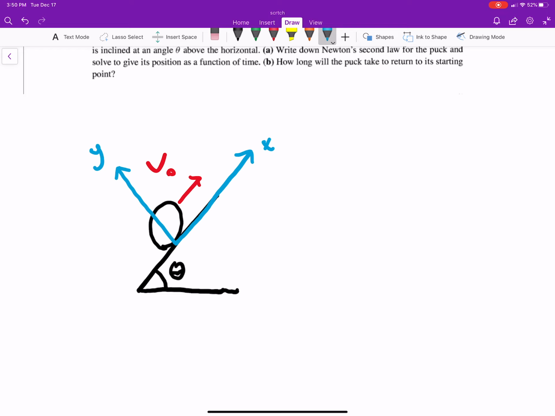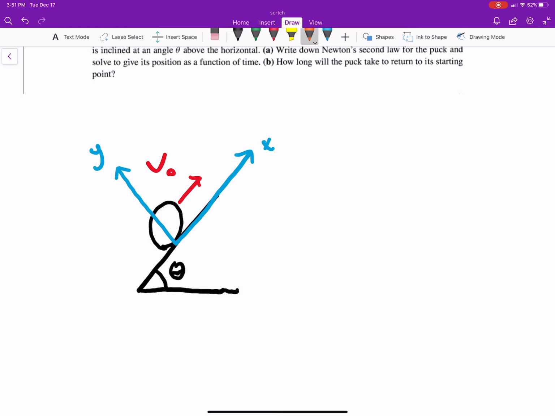It usually makes sense to tilt your coordinate system in such a way that your motion or your acceleration is pointing in the direction of one of your coordinate axes. In this case, we're going to point our x-axis in the direction that the ball is moving.